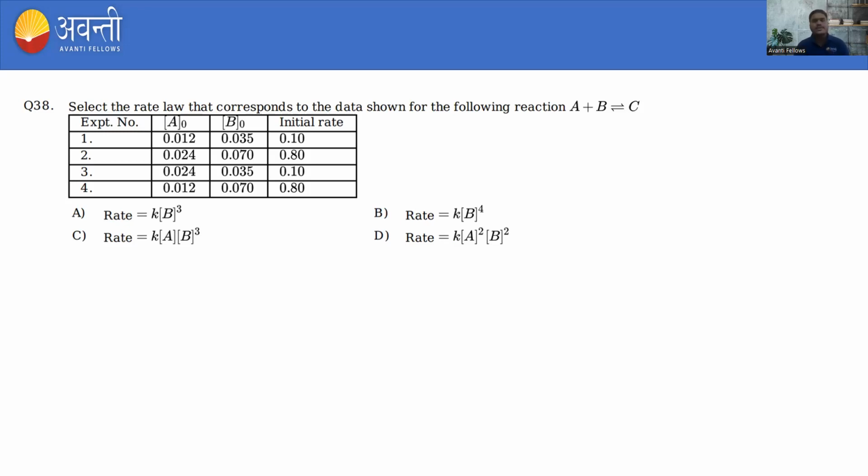Select the rate law that corresponds to the data shown for the following reaction, that is A plus B gives C. We have experiment numbers with A and B concentrations given, there are 4 experiments, and the initial rates are also given. So you have to predict the rate law. To determine the rate law, you need to calculate the order of the reaction.